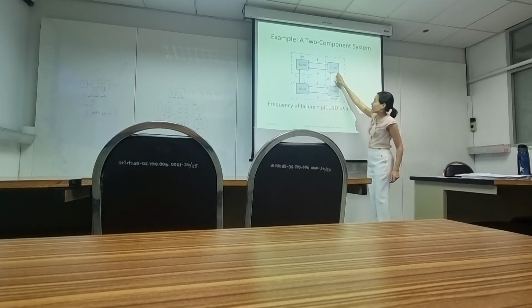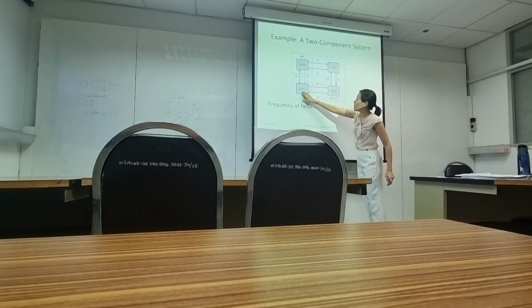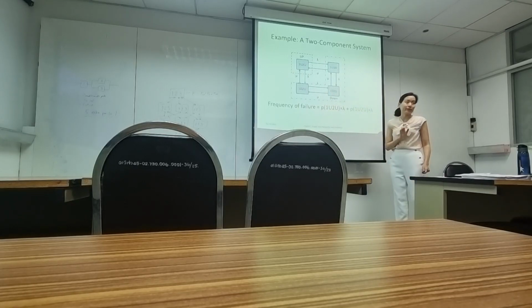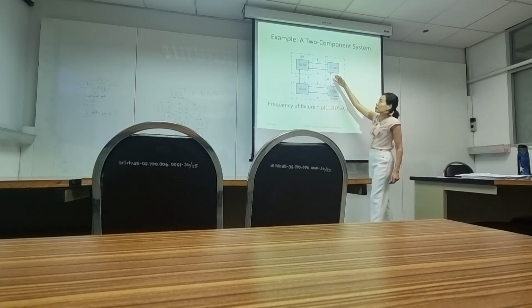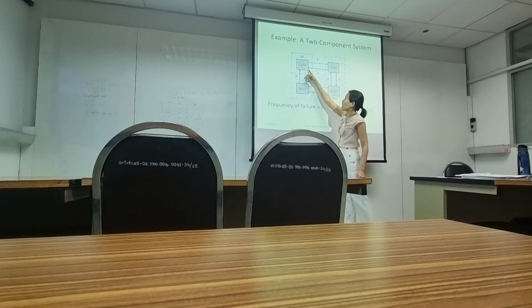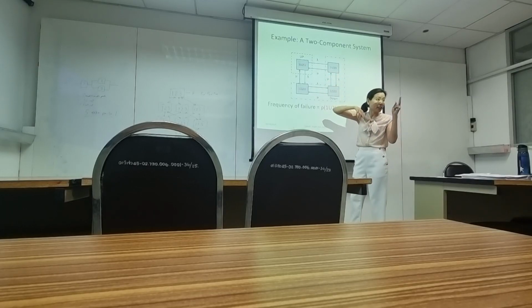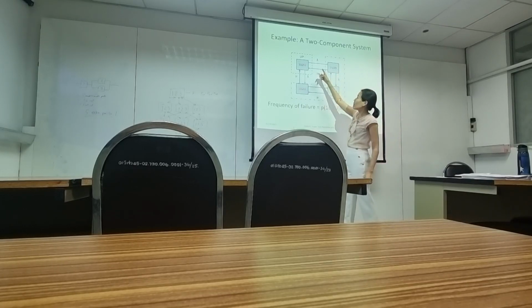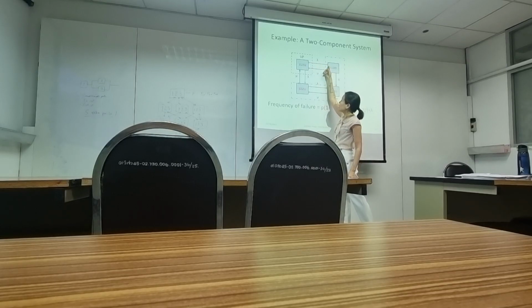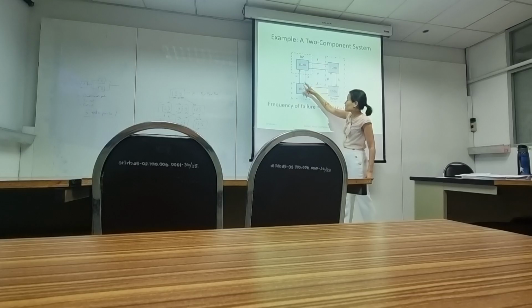So the failure states are 1 up, 2 down, 1 down, 2 up, and 1 down, 2 down. So once you draw the boundary, you will see that the system moves from success to failure via these 2 routes. You have the first that comes here from 1 to this state and come from here to here.